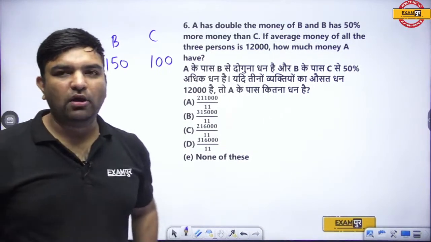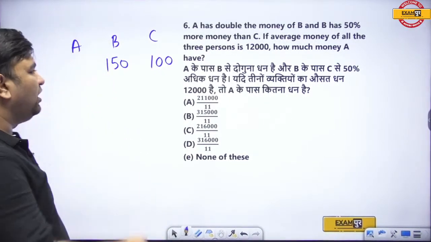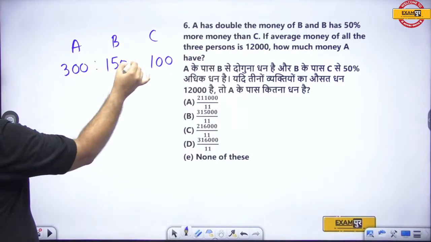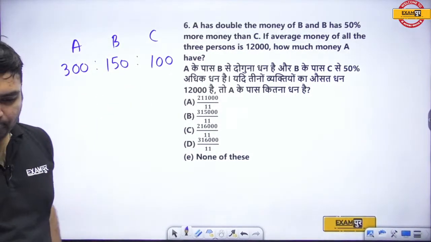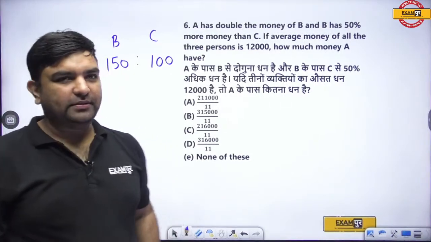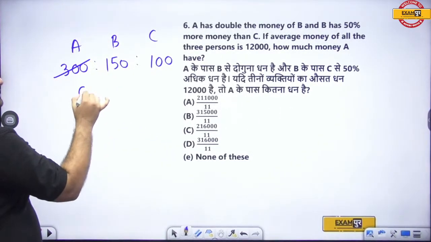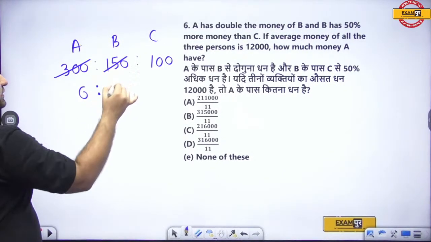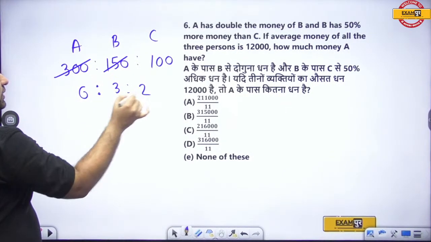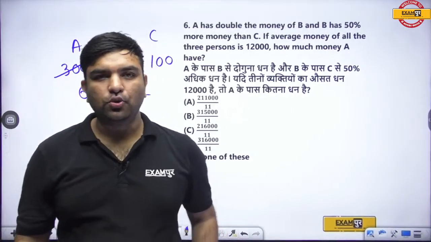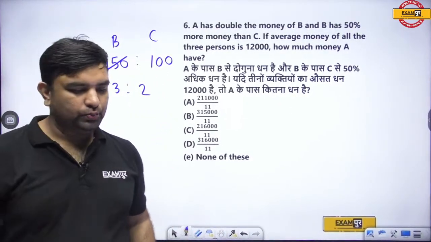And A has double of B, 300. Simplify by 50. 6, 3, 2. So A, B, C have the money in the ratio 6, 3, 2.